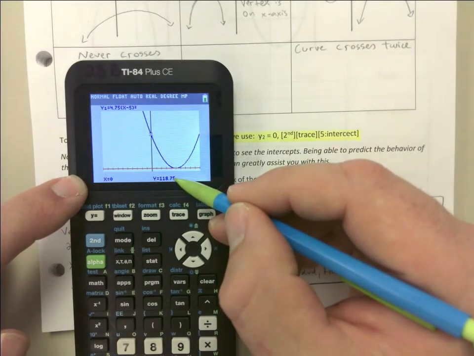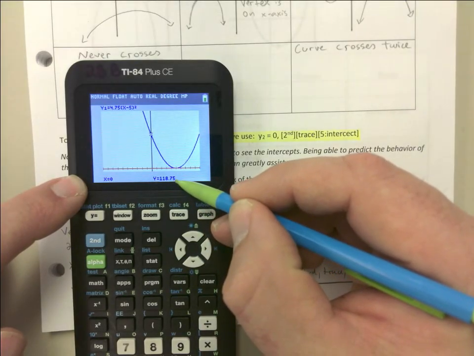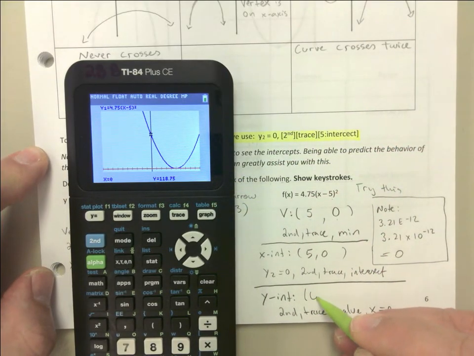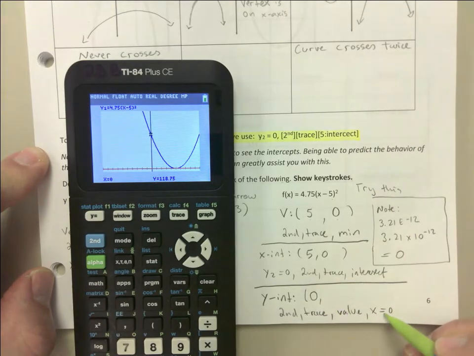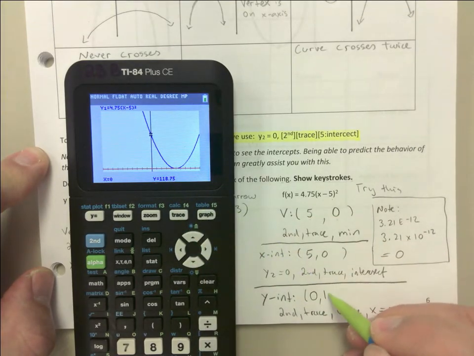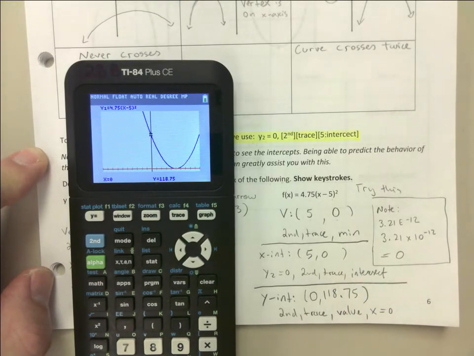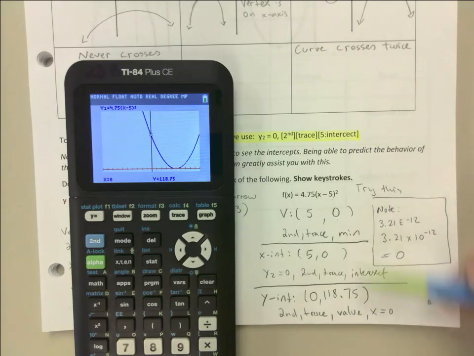What do you get? 118.75. So you're saying that when x is equal to 0, y is going to be 118.75. These 3 are the most important pieces that you need for a graph.